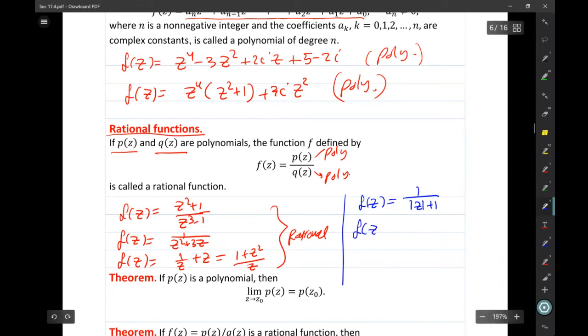Or if we have f of z equal to z conjugate by z squared, this is also not rational because I have z conjugate, not a power of z. Or if we have f of z equal to modulus z by z squared plus 1, all of these are not rational.